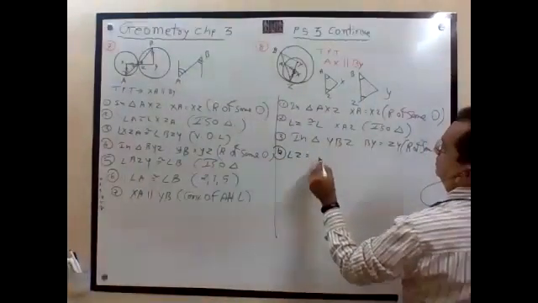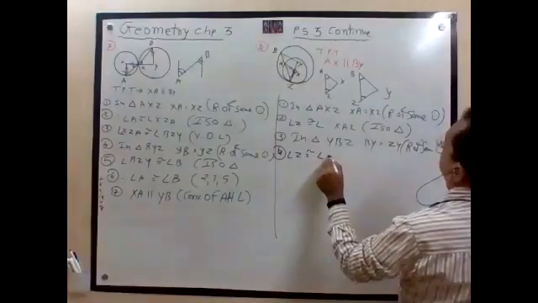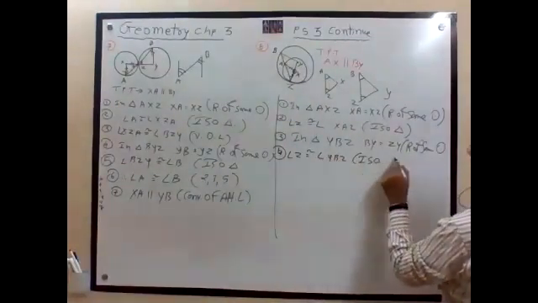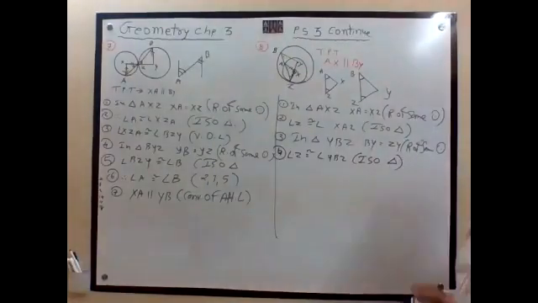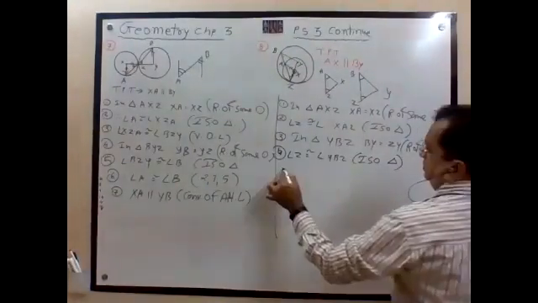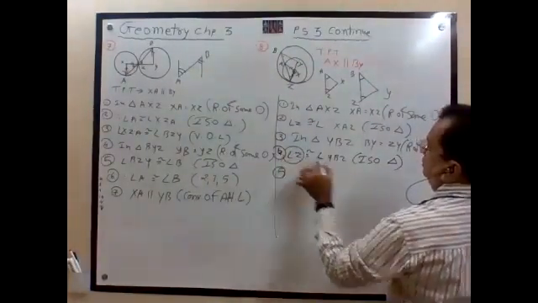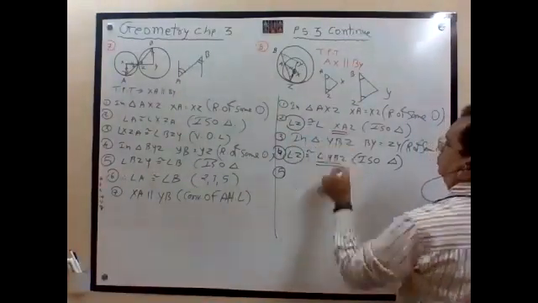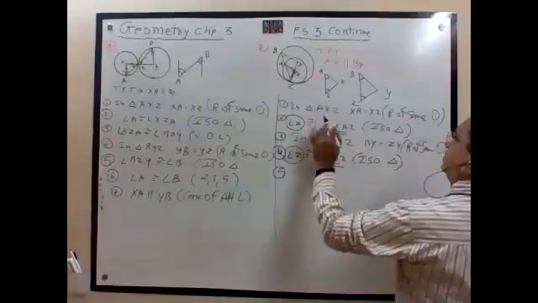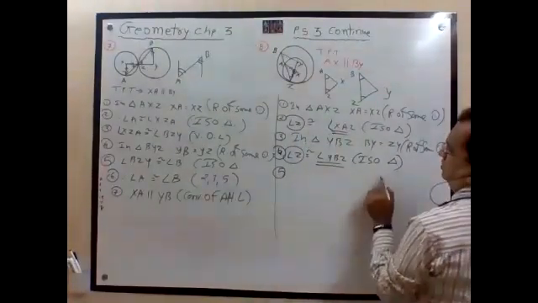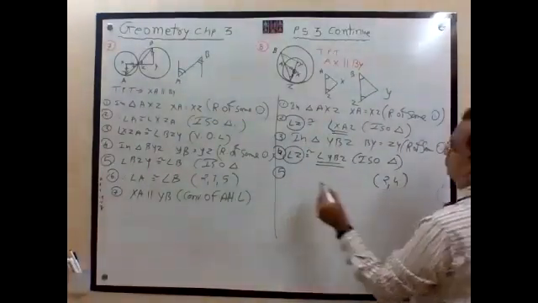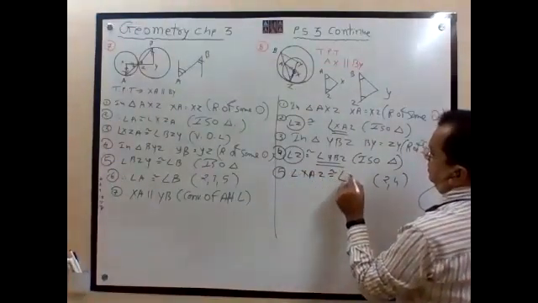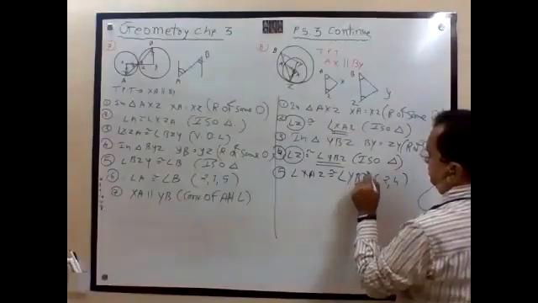Now upper one, YBZ, isosceles triangle. Correct. Z is equal to this. Z is equal to this. So both are equal. From second and fourth, we can write XAZ, YBZ.